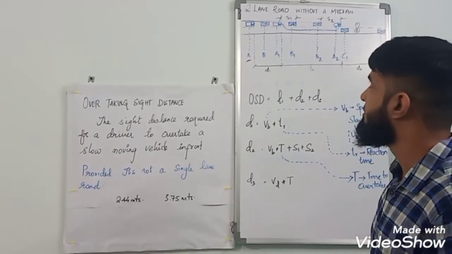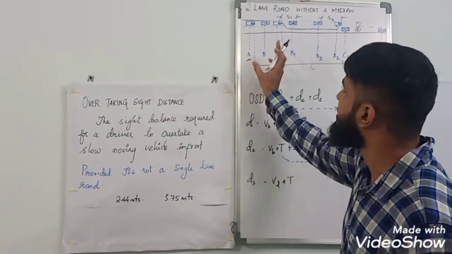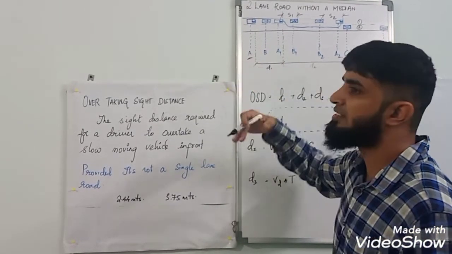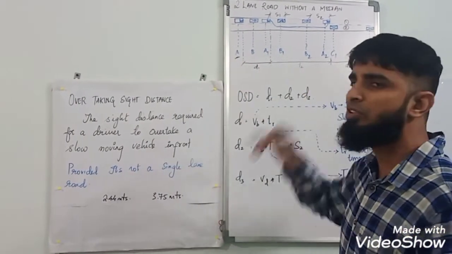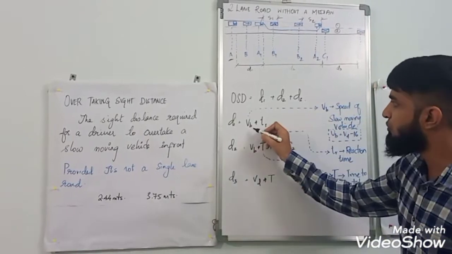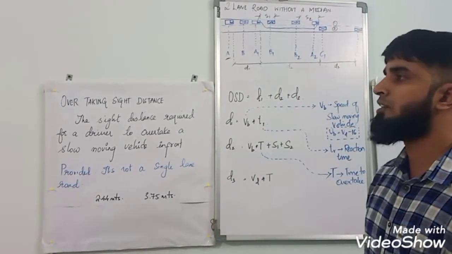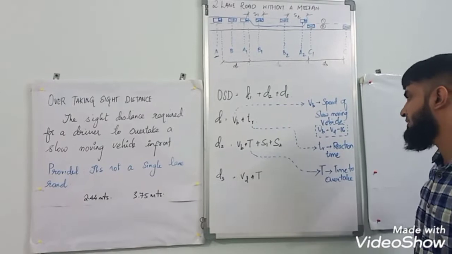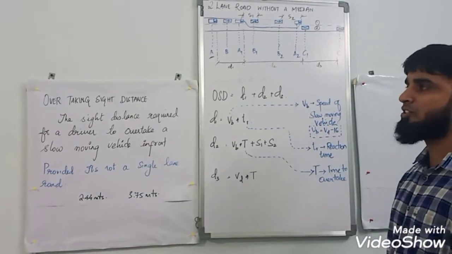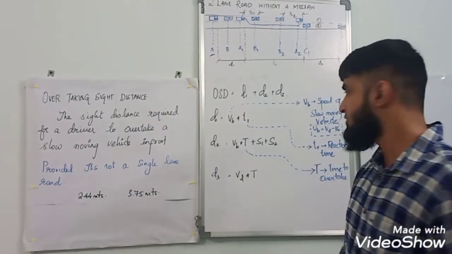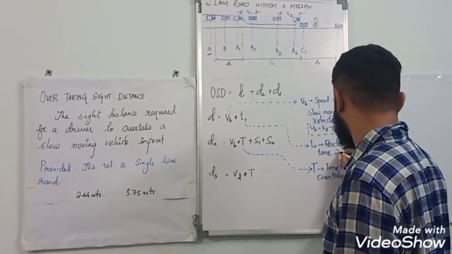Why am I saying that? Because at the initial stage it is moving at the same speed as that of the slow moving vehicle. That is the reason why it is VB multiplied by TR. Now what exactly is TR? TR is reaction time. According to IRC, for overtaking sight distance, it is 2 seconds. I will write down here 2 seconds.